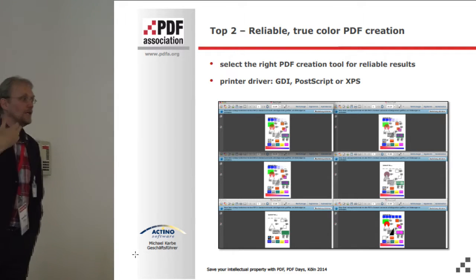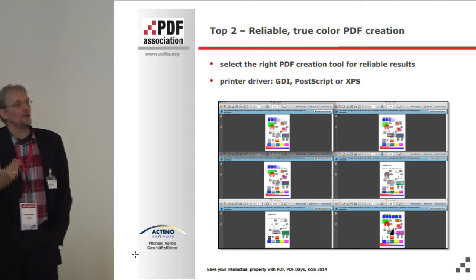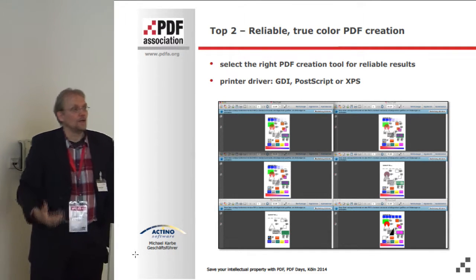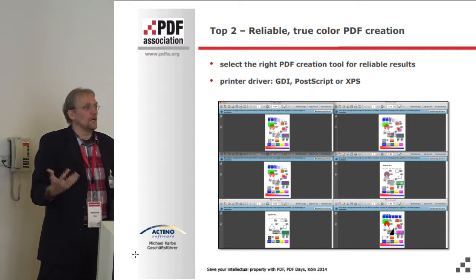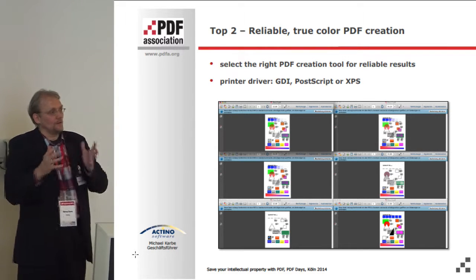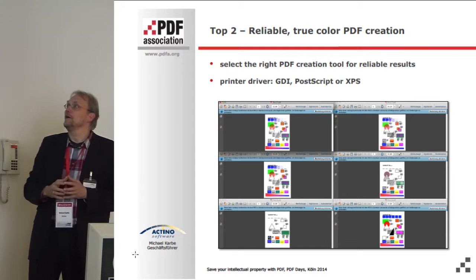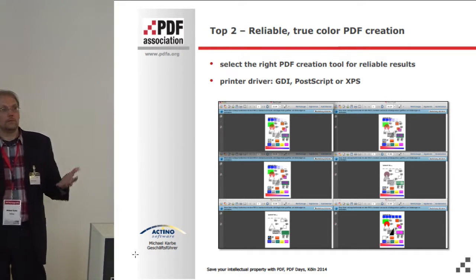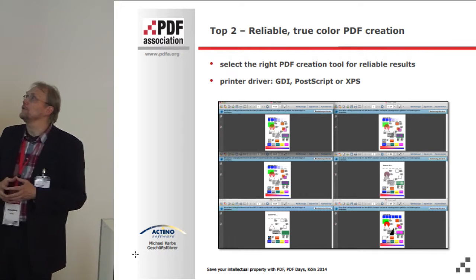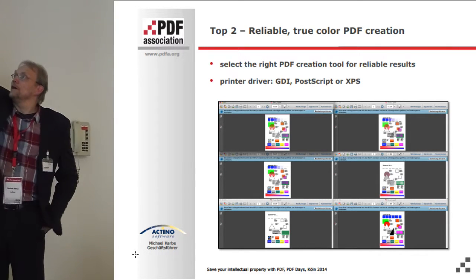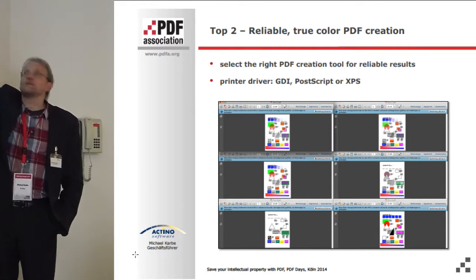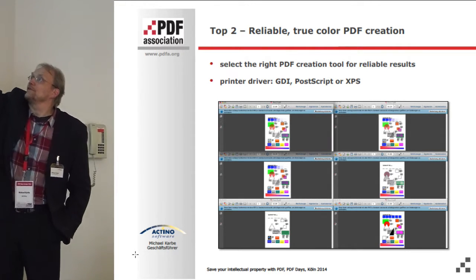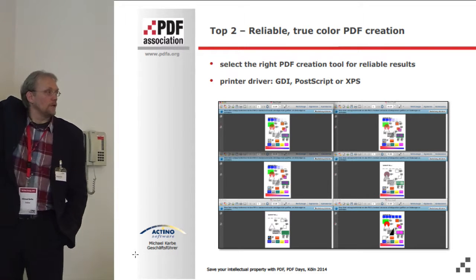So when you decide on a PDF creation tool to achieve reliable results, in the end it's also a matter of security. Please make sure that your tool achieves the results you would like to have. This is also nice: they turn a transparency into 100%, so the gray triangle becomes black.